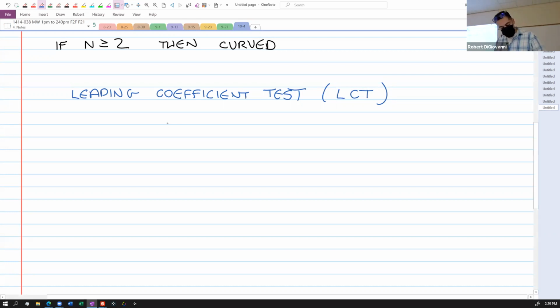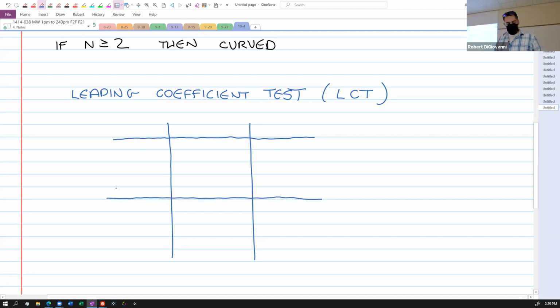So what I do is we're going to make a table. Right here on the table, I'm going to put LC positive, LC negative.